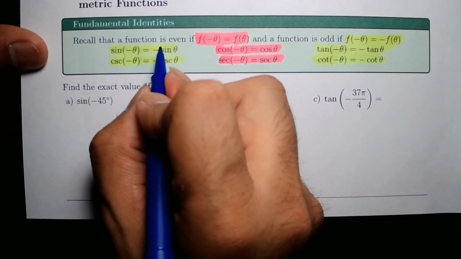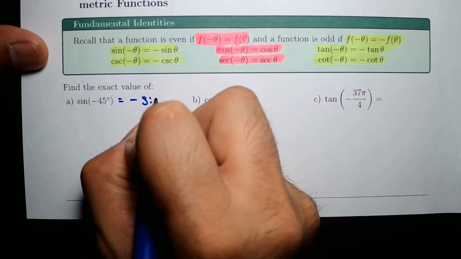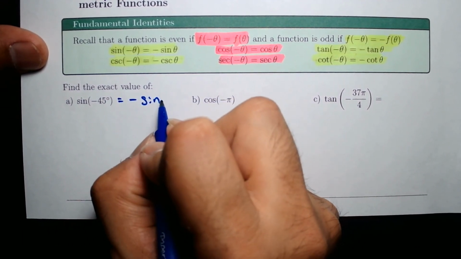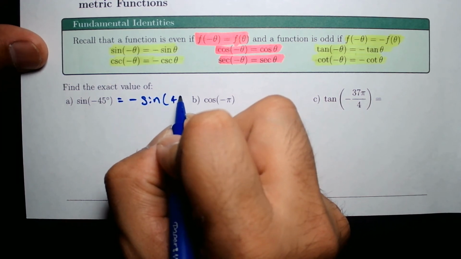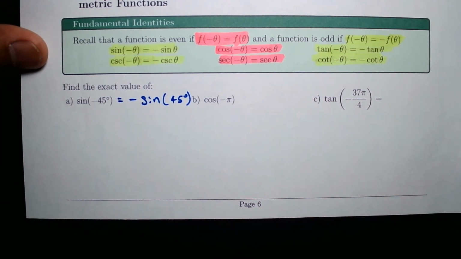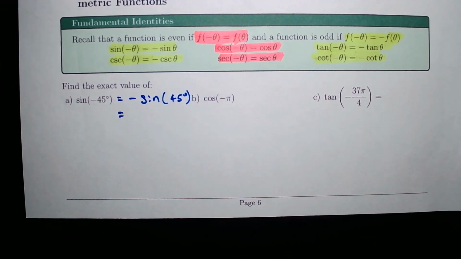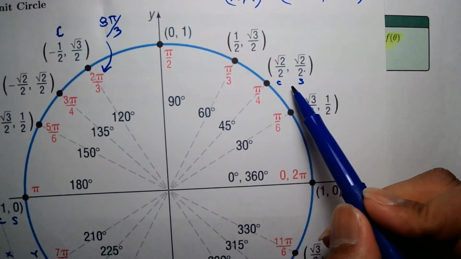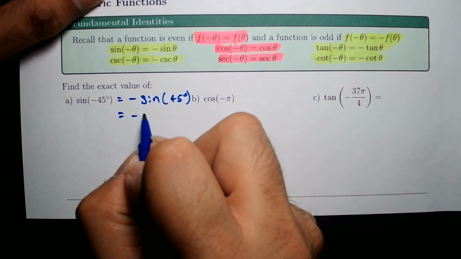We can put the negative sign in front of the sine function, and that's 45 degrees. So all we have to do is evaluate sine of 45 degrees. We already did that. That's square root of 2 over 2, but with a negative sign.